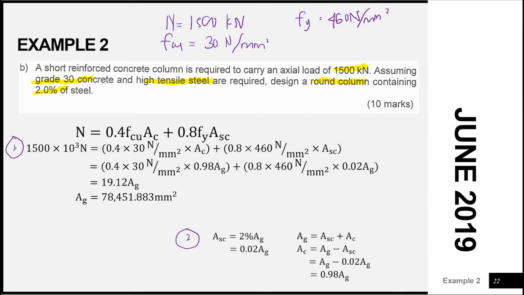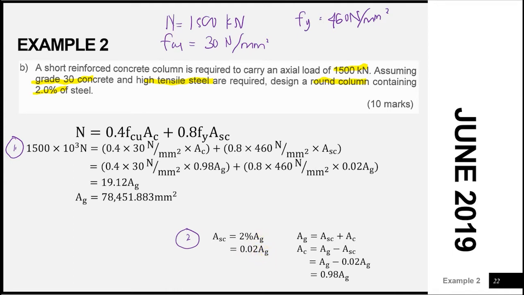Jadi kita grosskan dulu because nanti later on baru kita dah akan dapat area yang sebenarnya. Okay. Jadi AG maksudnya gross area of column. Maksudnya belum tentu lagi. Okay. So you put it 2% dia adalah 2% daripada gross area of column. Okay. Jadi dia akan jadi 2% maksudnya 2 bagi 100 lah. 0.02 AG. Okay. Gross area of column.